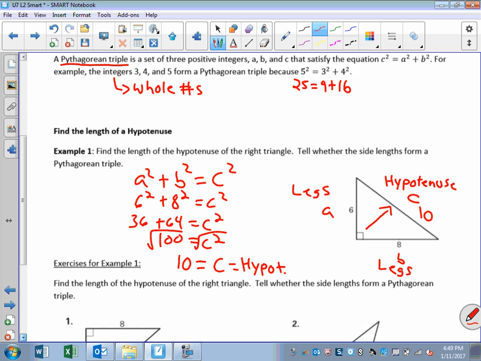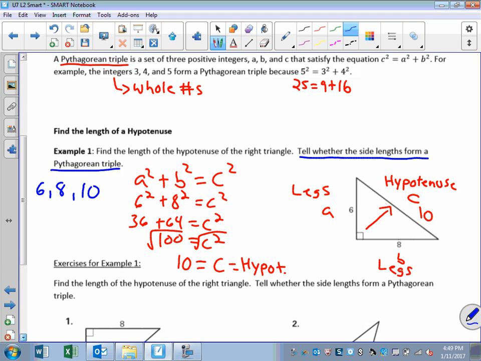Okay? Now, it also asks us, we're not done yet, we found the hypotenuse, but the question also asks us to tell whether the sides form a Pythagorean triple. So if we look at the sides that we have, 6, 8, and 10. Okay. Now you would ask yourself, are these all integers?